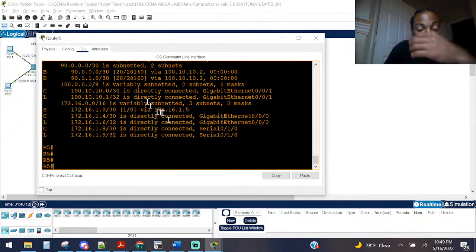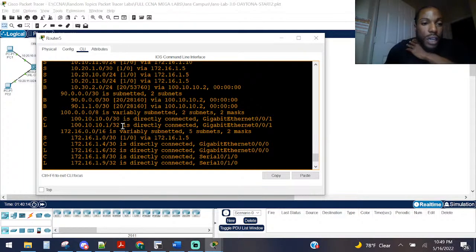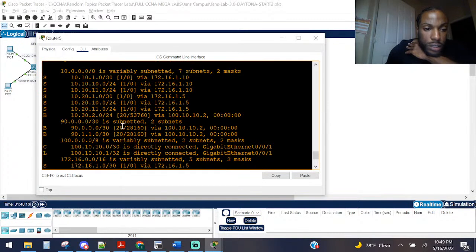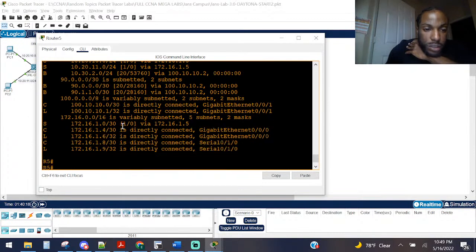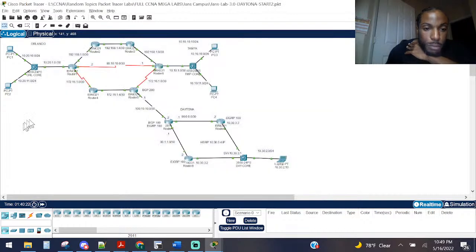Let's see what his look like. They all have routes. It's possible that they need to know how to get to, not the 10.30.2.0 network altogether.